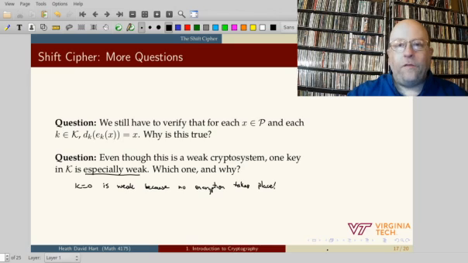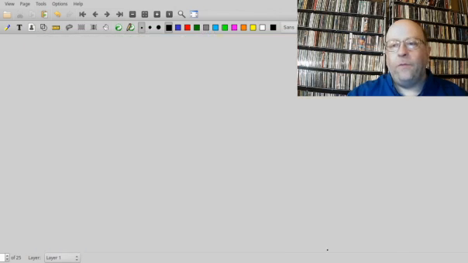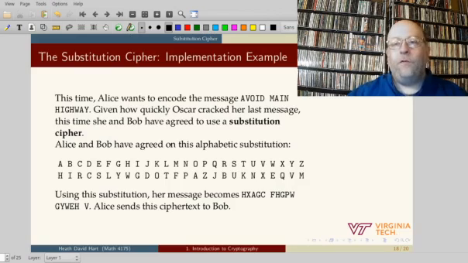So let's look at a more complicated crypto system. This is called the substitution cipher. This time Alice wants to encode another message. This time the message is avoid main highway. And Alice has figured out that Oscar has decoded her last message, and so she and Bob have agreed to use a more complicated cipher.